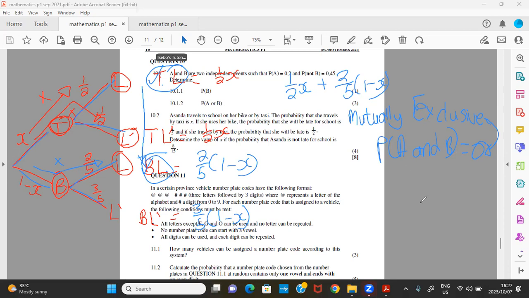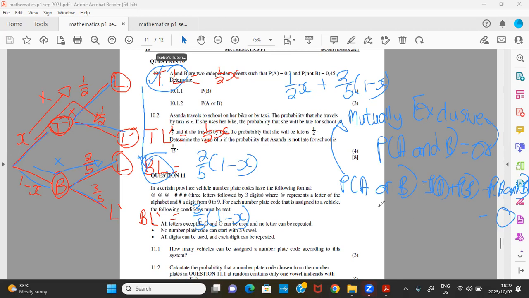So if now we had to get the probability of A or B, we go back to the addition rule, which is probability of A plus probability of B minus probability of A and B. In this case, if we have mutually exclusive events, we know that the probability of A and B is always 0.